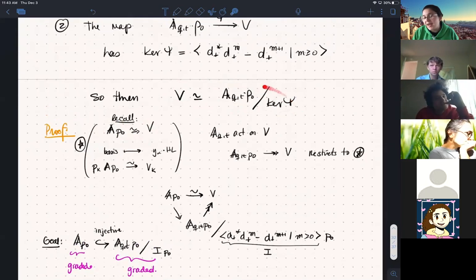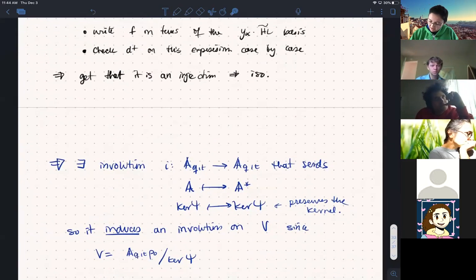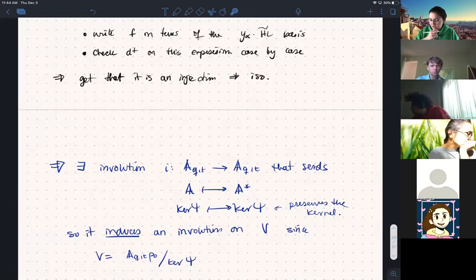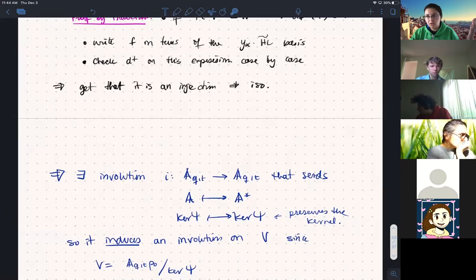Now, why do we care about this isomorphism? Because that's where the involution comes into play, right? Because essentially what this is telling us is that we have an involution on this algebra AQT. What is that involution? Well, by definition of AQT, what did we do? We took A and we took A star, which are basically the same, except that D plus gets sent to D plus star, Yi gets sent to Zi, and so on. And that's exactly the involution.